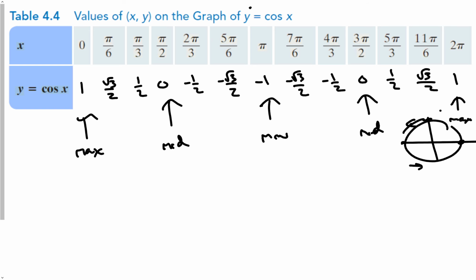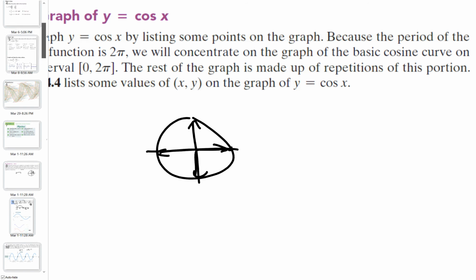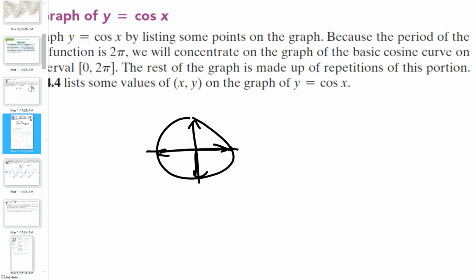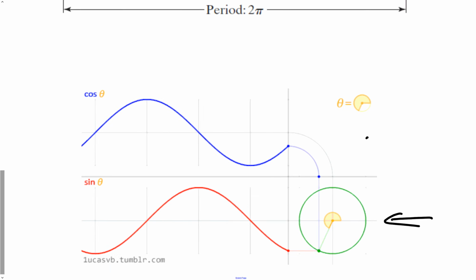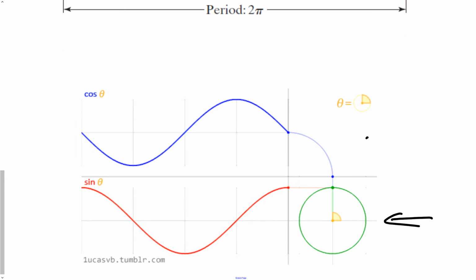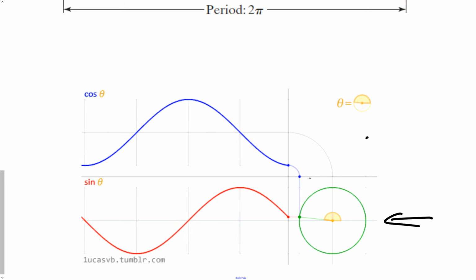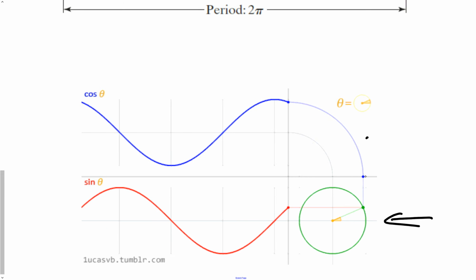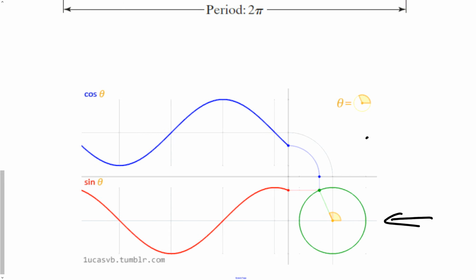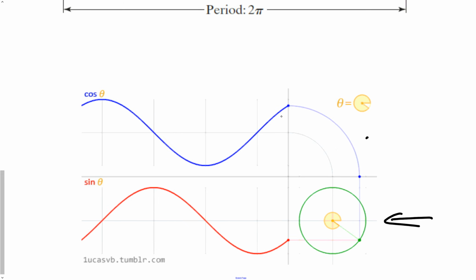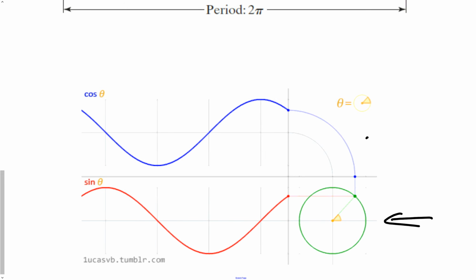Which if we flip all the way back to my visualization, you can see that the blue one on top, the cosine function, is mapping the x coordinate, right? So now it's at its max, now it's at its min, and it's sort of shifting this x coordinate left and right to a graph that goes in terms of y. So that's why we start with sine, because it's a little less confusing.